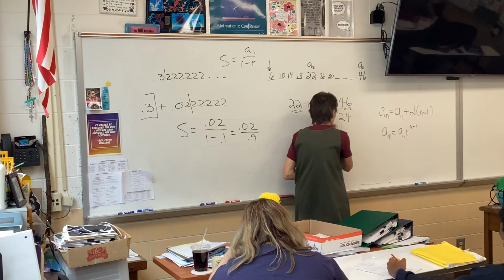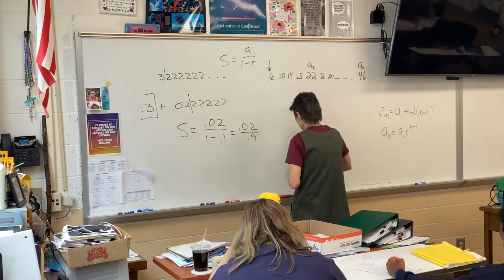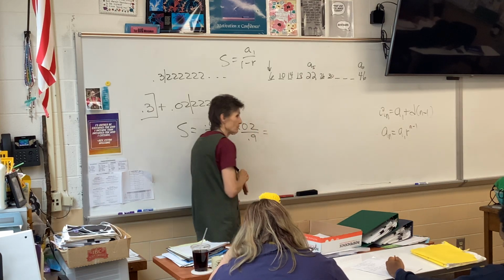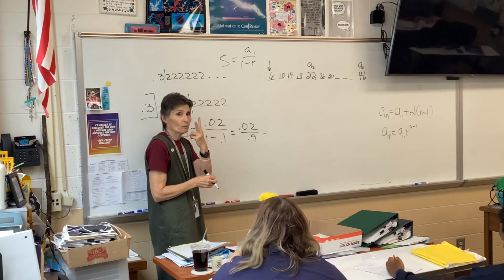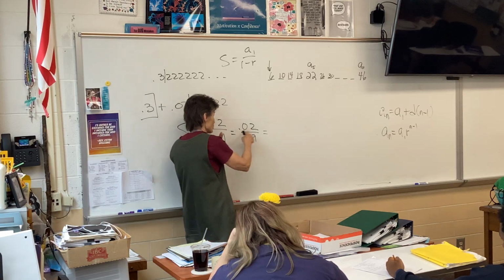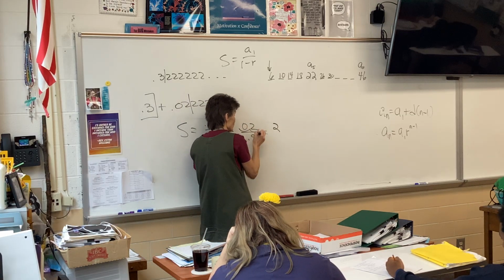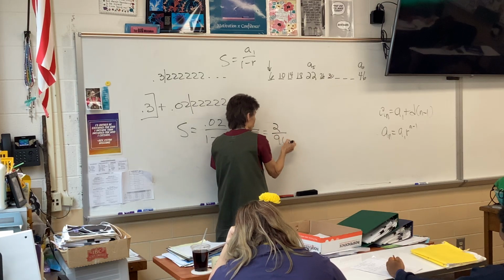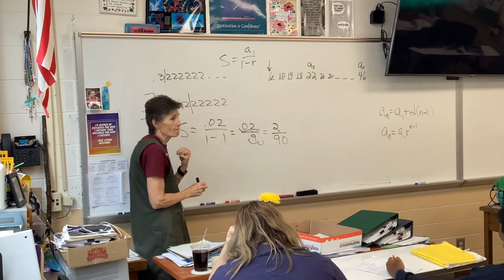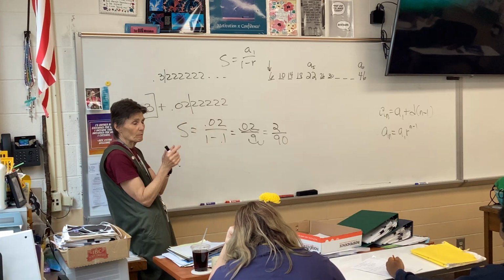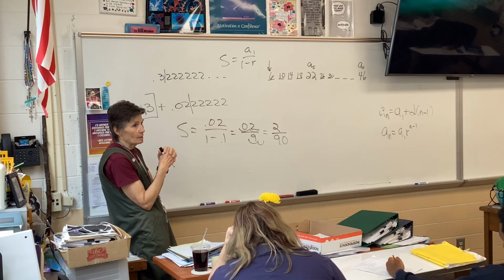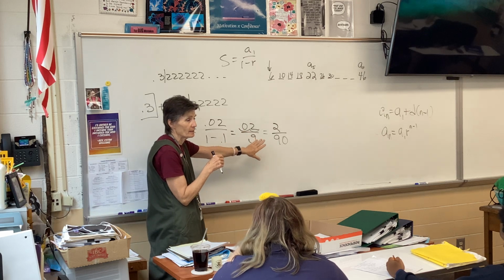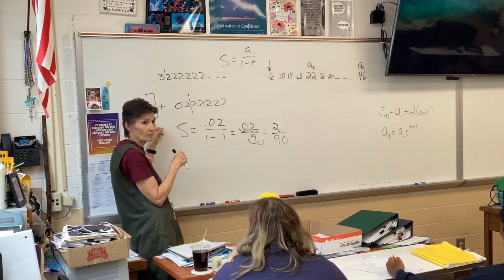So now we need to move our decimal. How many places do we have to move it? Both of them, 2. So the top is just 2. What's the bottom going to be? 90. Now, I know that reduces, but remember, it's not the answer, because what do I still need to figure in? My 0.3.